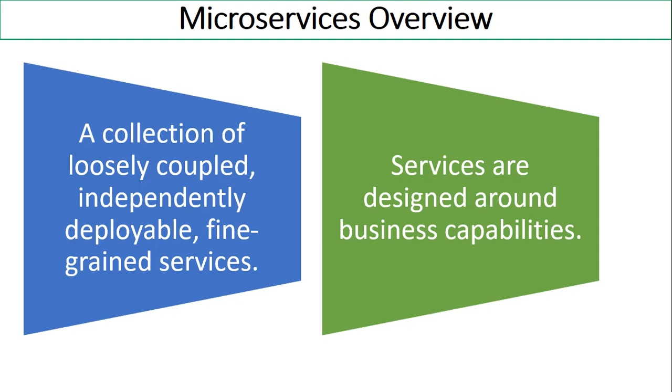So depending on your requirements, depending upon your scenarios, you can decide how many microservices you need for a specific scenario, and then you have to ensure that the microservices that you are defining are independently deployable, and they are loosely coupled, and they are fine-grained to a certain level.